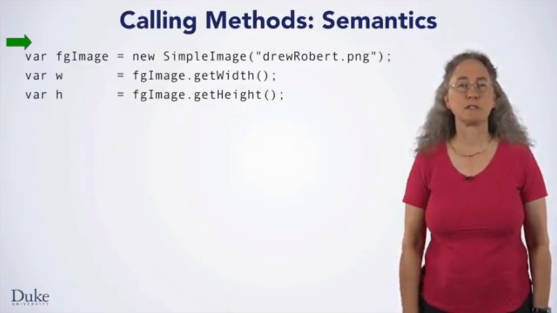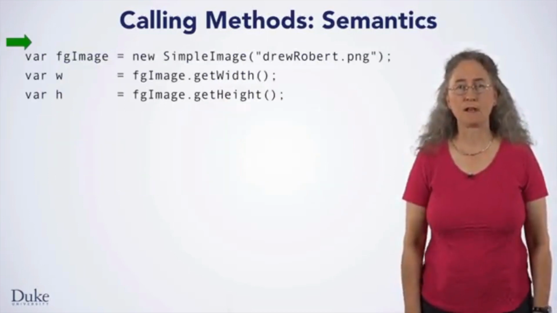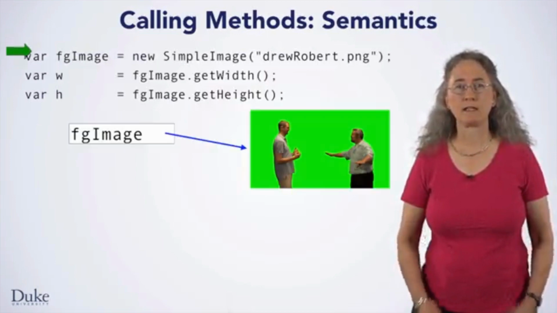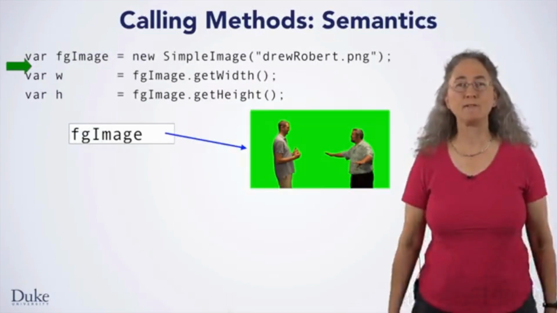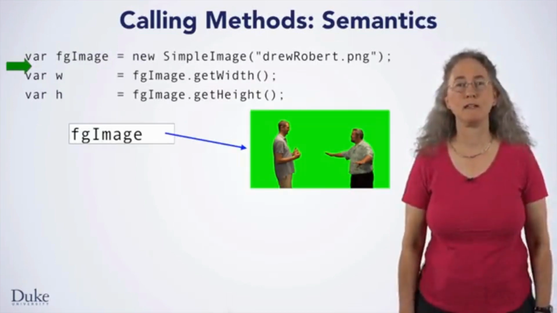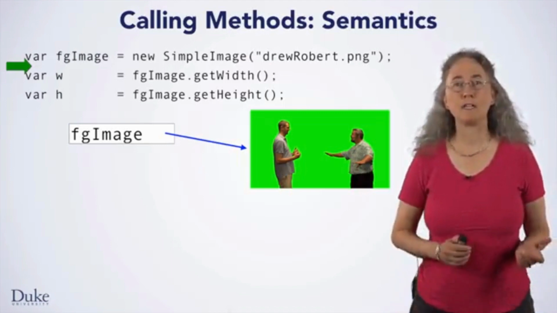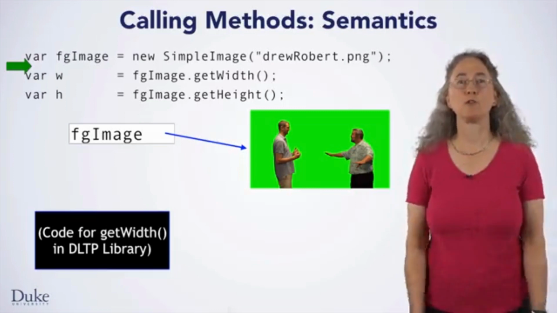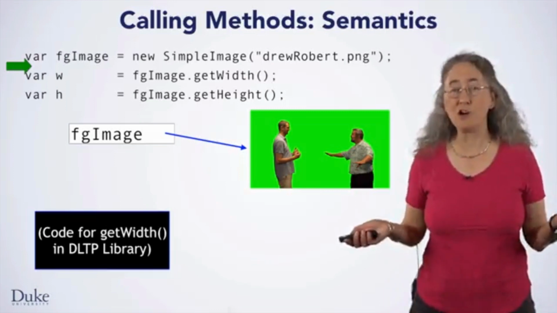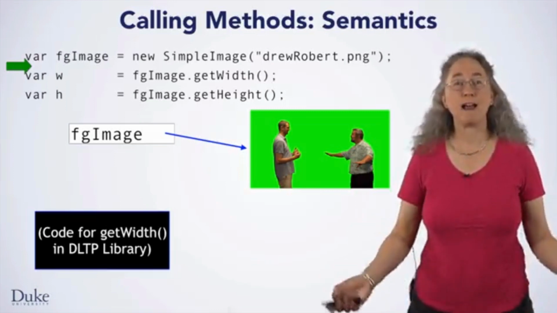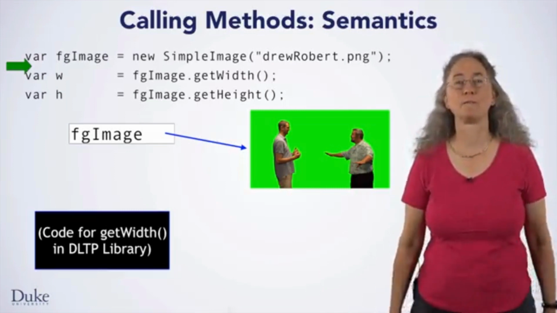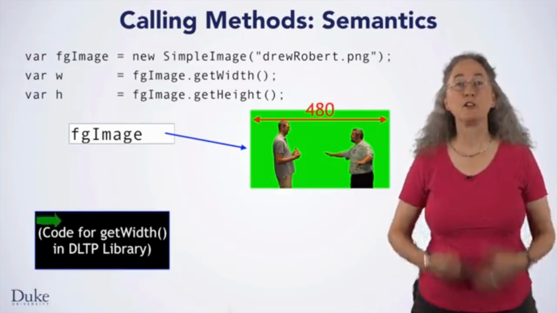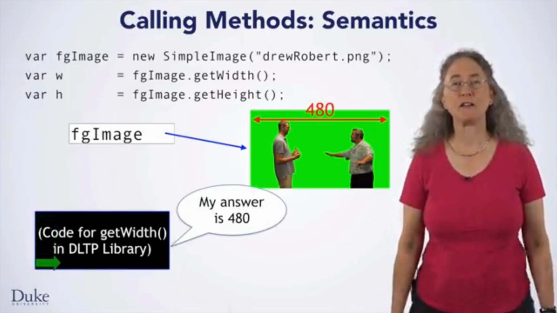Let's see those rules in action. The first line we have seen before. It makes an image and initializes FGImage to refer to it. Next is a call to FGImage.getWidth. The code for getWidth is in the Duke Learn to Program library. We don't actually know what the code is, but that is fine as long as we know what it does. The computer would then go into that code and start executing it.